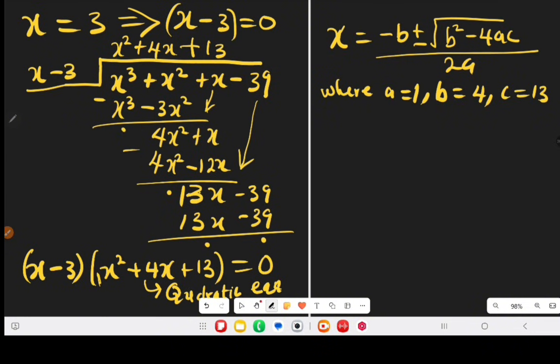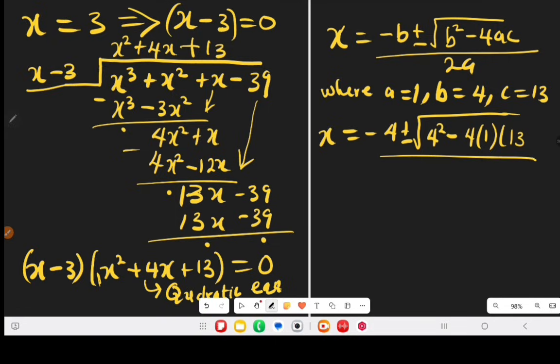Then we continue. x is equal to minus b, which is 4, plus or minus square root of 4 squared minus 4 into 1 into 13 all over 2a. a is 1.